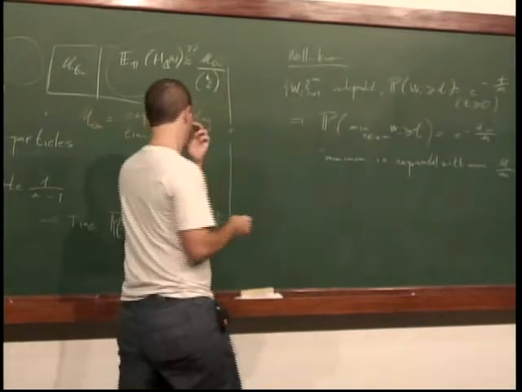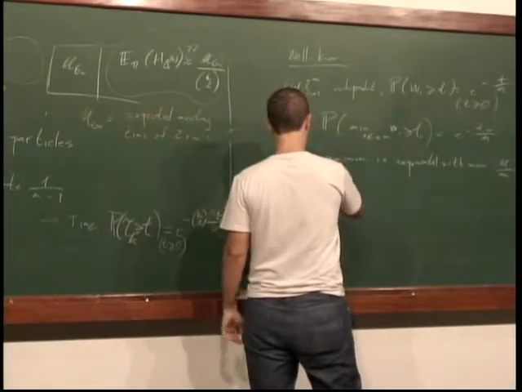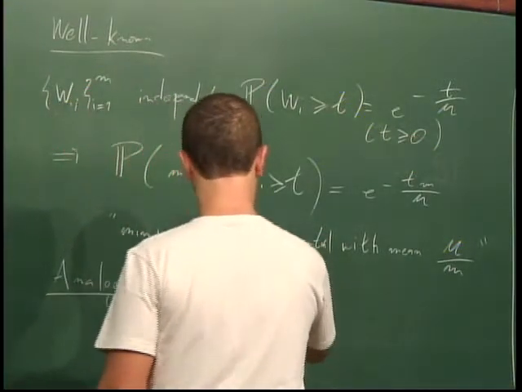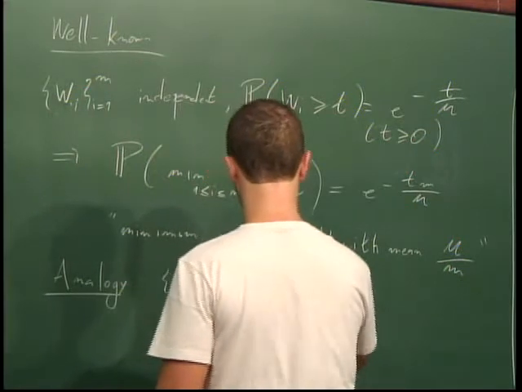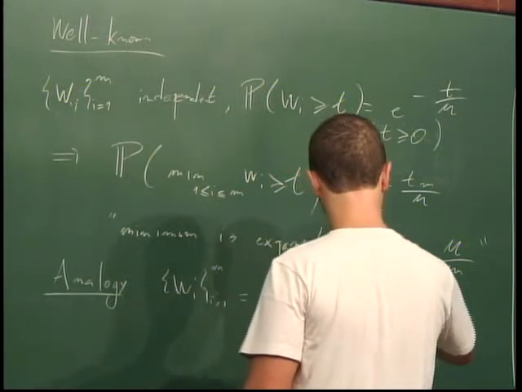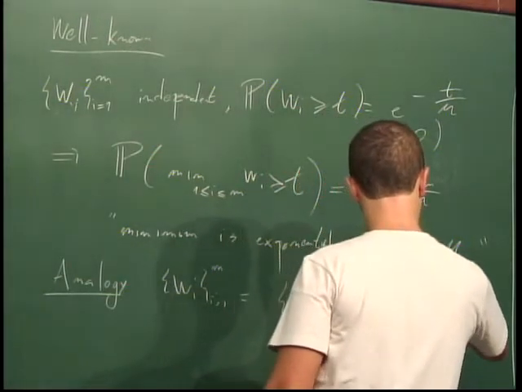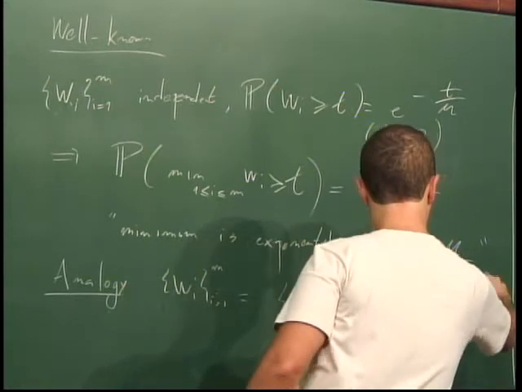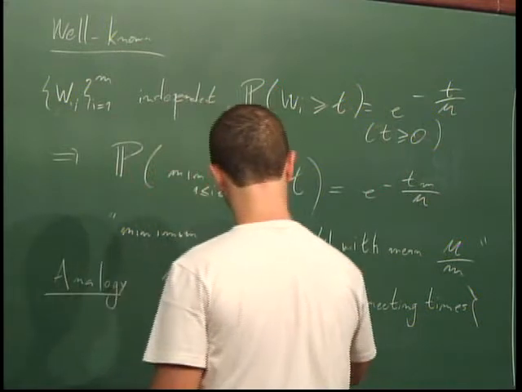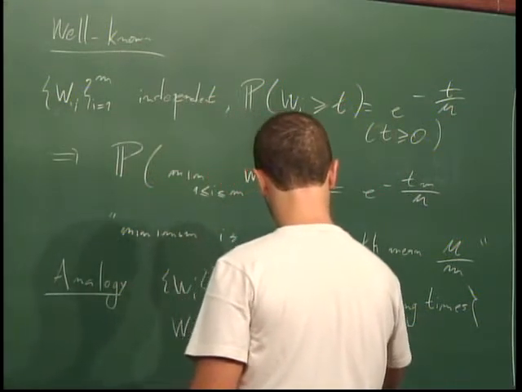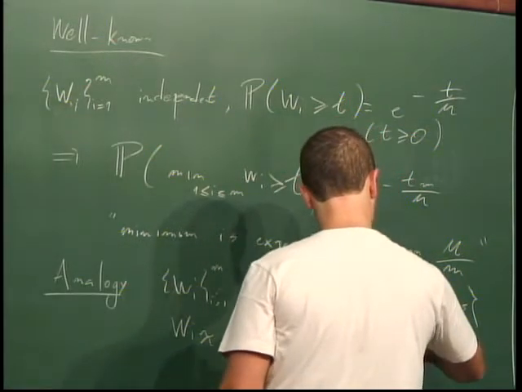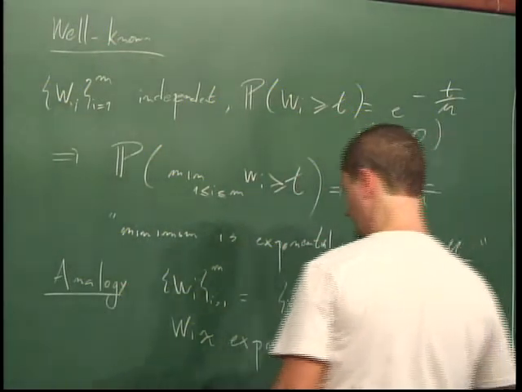So the analogy here, which is very imperfect, is that these are the pairwise meeting times, and then each w_i should be approximately exponential with mean mu sub gn.